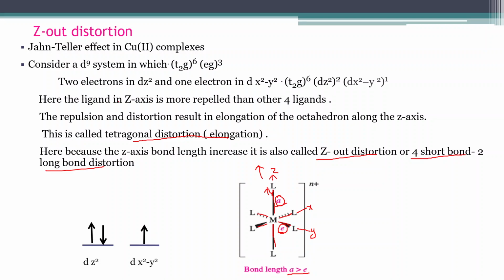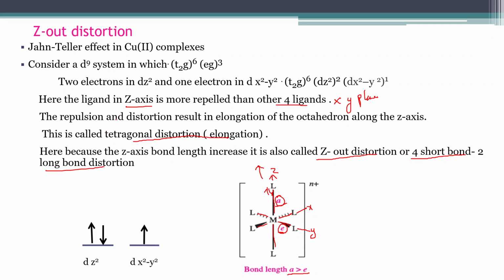And we can once more see what is happening here. The ligands on the Z axis are more repelled than the other 4 ligands in the xy plane due to the presence of the 2 electrons in the Z axis compared to the 1 electron in the xy plane.